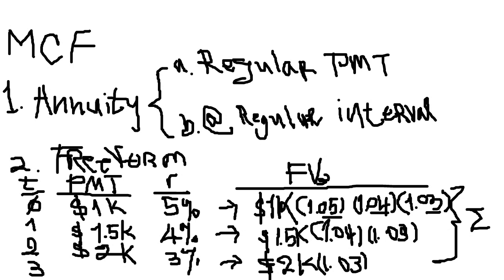It can be at any year or at any point. So it's free form, and the interest rate will depend on the market rate of that year, right? But this is not difficult to understand, and our focus is more on annuity. Okay, so what is that then?